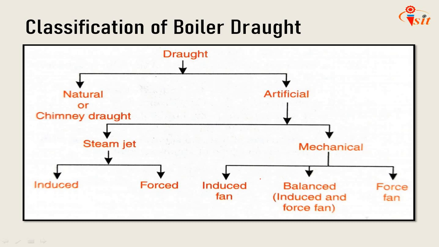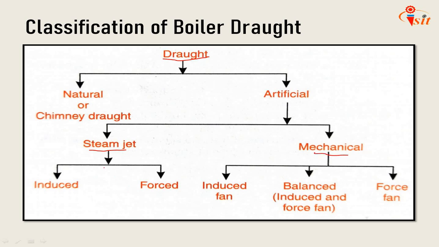Here the tree diagram shows the classification of a boiler draught, which is categorized into two groups: natural or chimney draught, and artificial draught. Again, artificial draught is categorized into steam jet draught and mechanical draught.